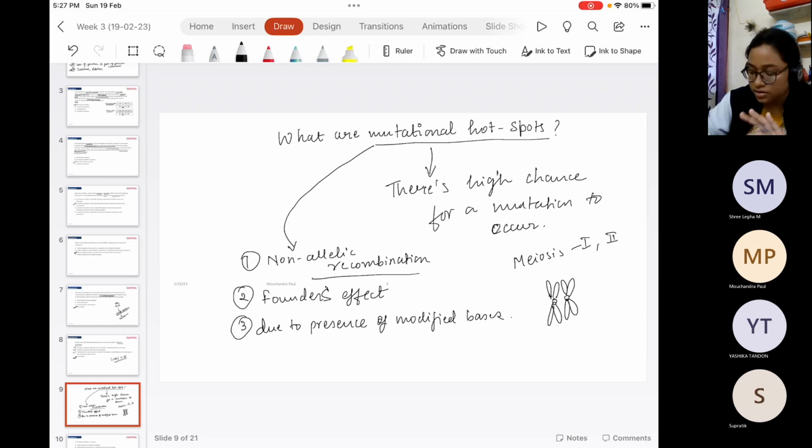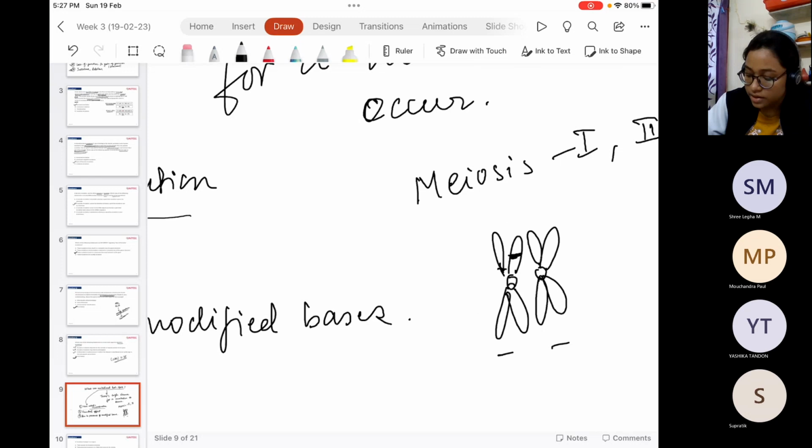Suppose these are two homologous chromosomes, one from father and one from mother. Usually, if one gene is present in this particular chromosome, then in another chromosome its allele is present. So this is the wild type, say, and this is the mutant one.